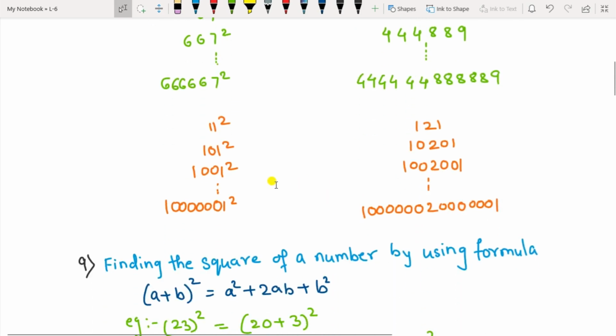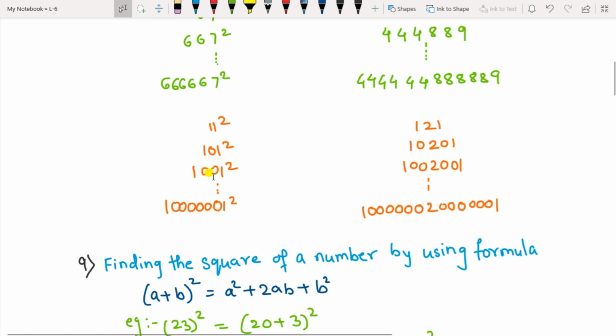Then the third pattern is writing 0 in between. Suppose 11 square is 121, 101 square is 10201, then 1001 square is 1002001.